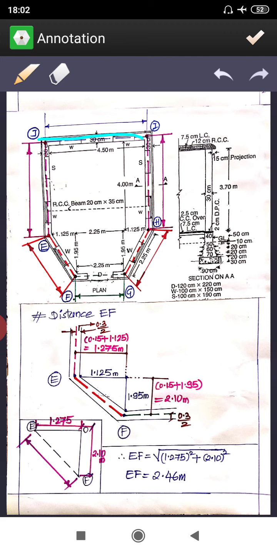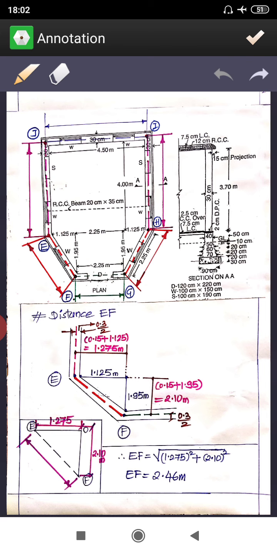And another wall here, FG, that also I am taking as a long wall, right? So I am having two long walls, HI and JE, one short wall, IJ, one more long wall, FG, and two short walls, EF and GH.